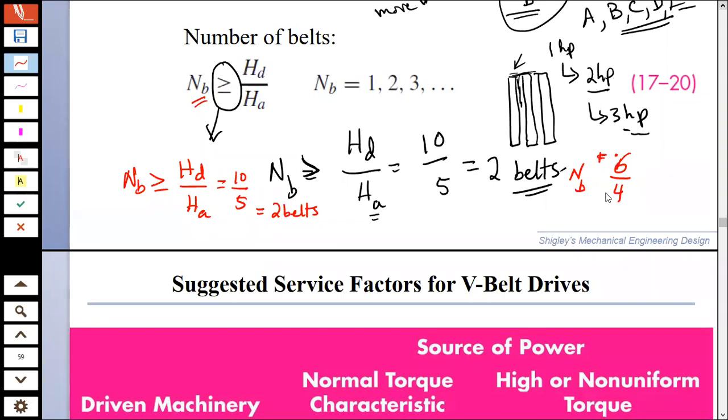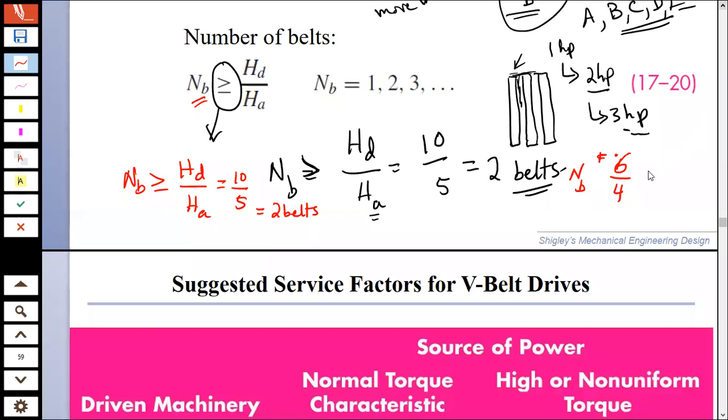What will be your NB equal to? 6 by 4, 3 by 2. It will be equal to 1.5.